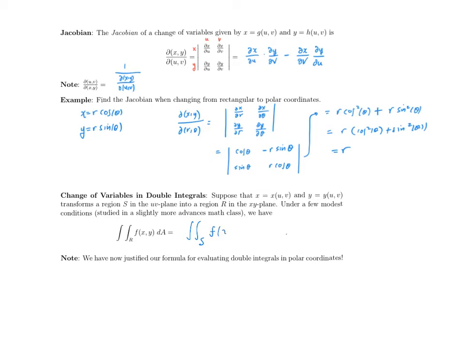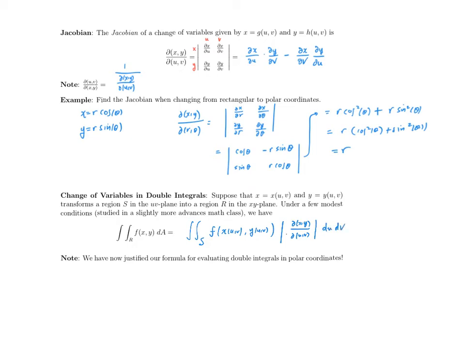That is to say, each x needs to be written in terms of u and v, each y needs to be written in terms of u and v. And then the new part here is that the dA is going to become the absolute value of the Jacobian that we've defined above, and then it's du dv.